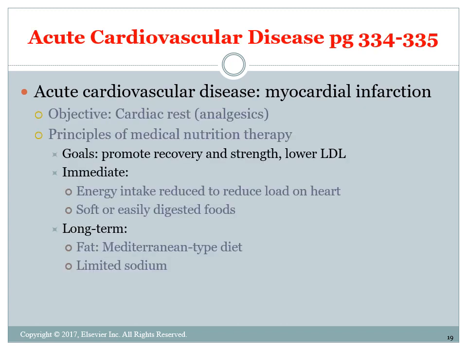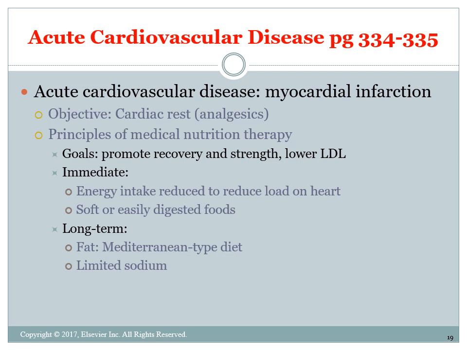So now we're going to be looking at acute cardiovascular disease, specifically myocardial infarction, MI, or heart attack. So the objective, cardiac rest. So this includes analgesics or things that address pain. So if your patient has a heart attack, what we're going to want to encourage right in the period afterwards is cardiac rest.